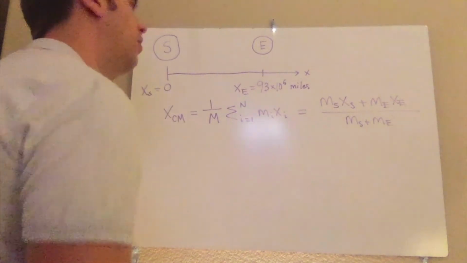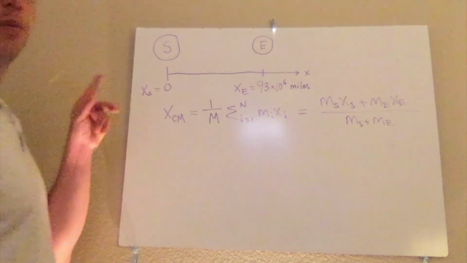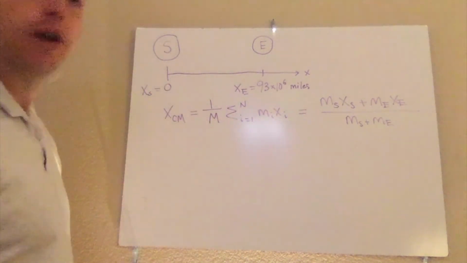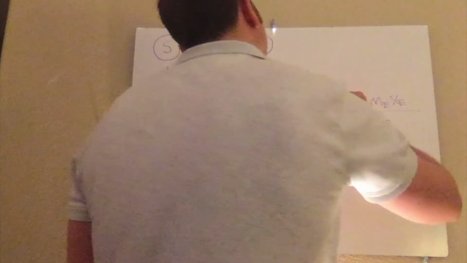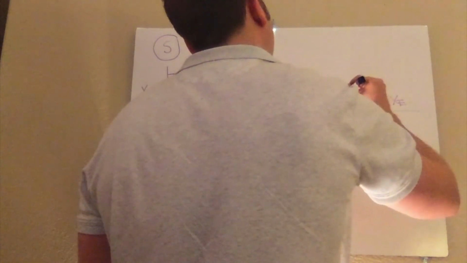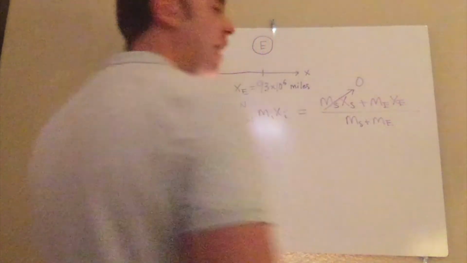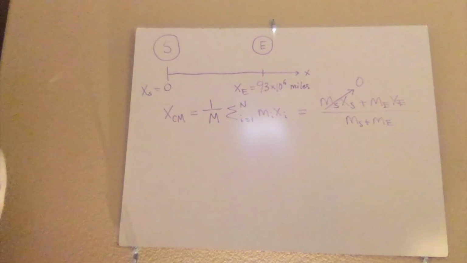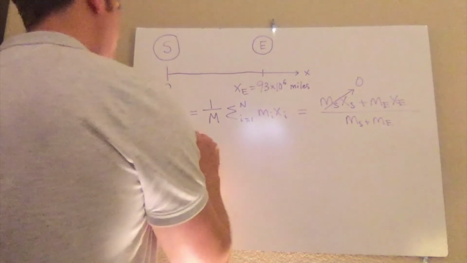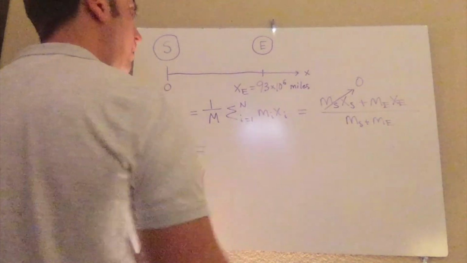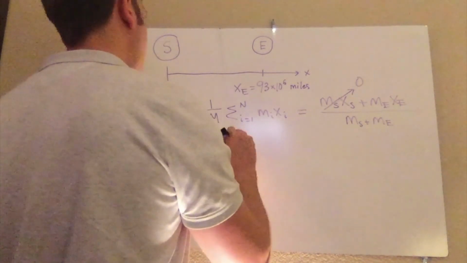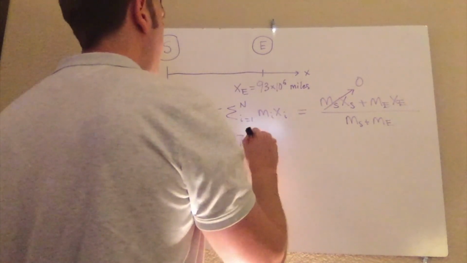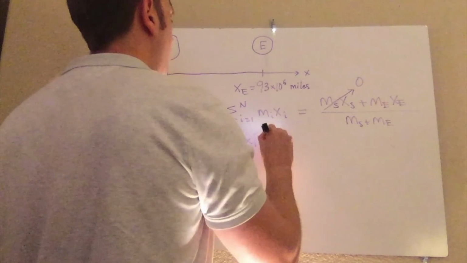Now, remember I said earlier it's going to be convenient to put the origin right where the Sun is. So x_s is equal to 0. That means this first term up here, which has x_s in it, is 0. Okay, so let's keep going. The mass of the Earth is 5.97 × 10^24 kilograms.